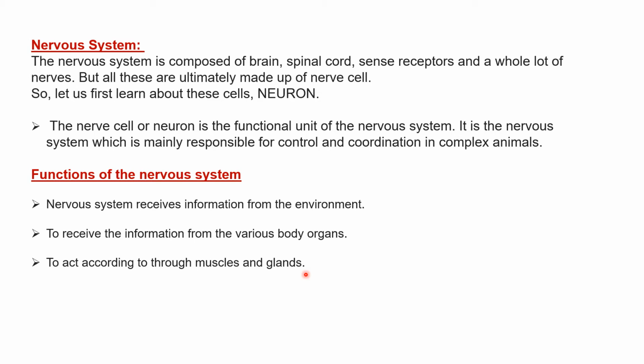Suppose you have to run from a certain place, or suppose you want to kick a ball harder so that you can throw the ball away. All that information is controlled by the nervous system, right?